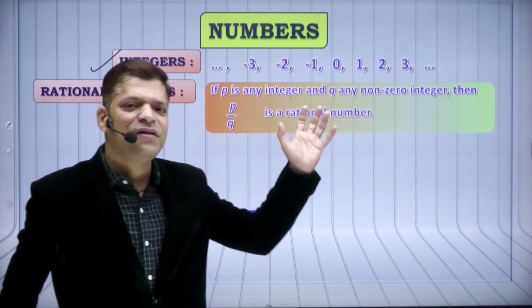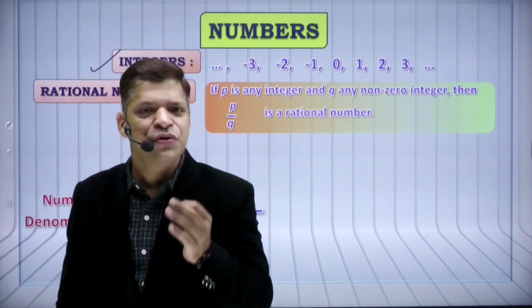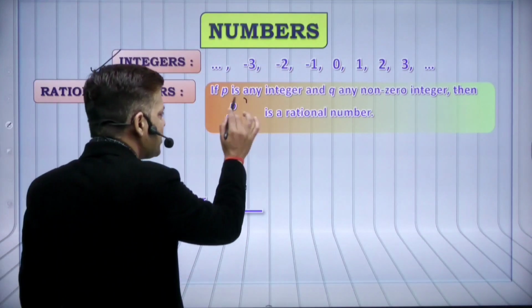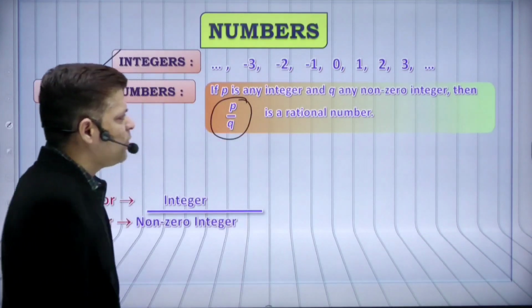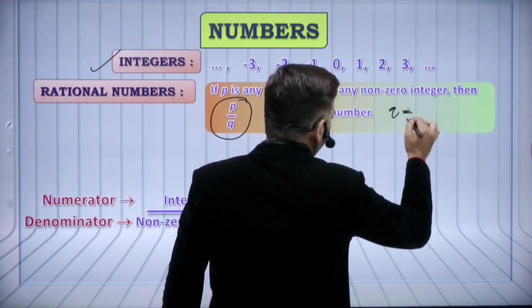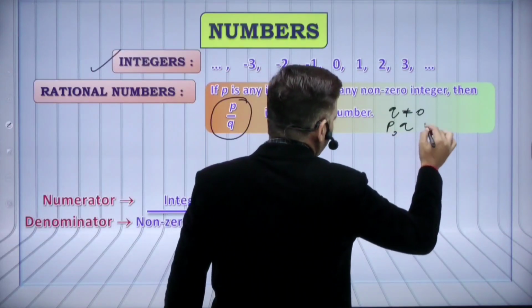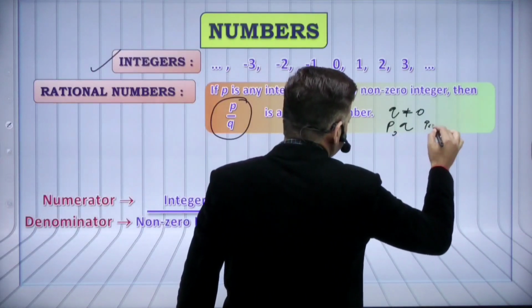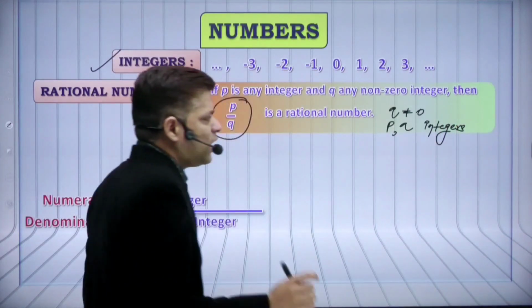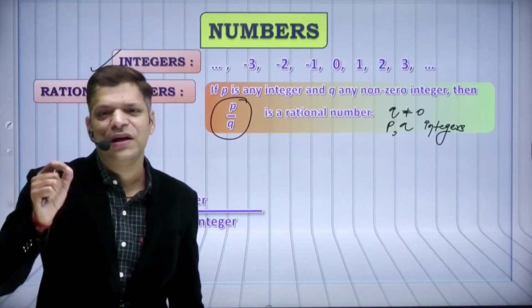If p is any integer and q is any non-zero integer, then p by q is a rational number. This is very important. Rational numbers are in the form p by q, where q is not equal to 0 and p and q both are integers.